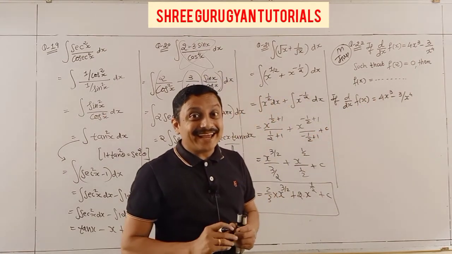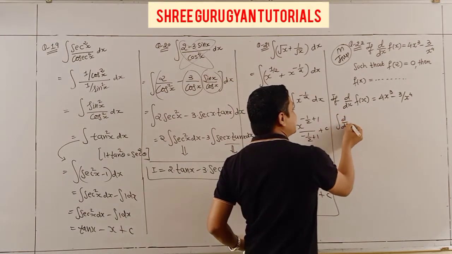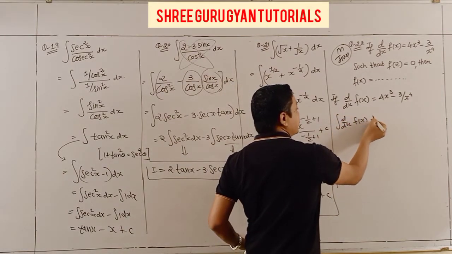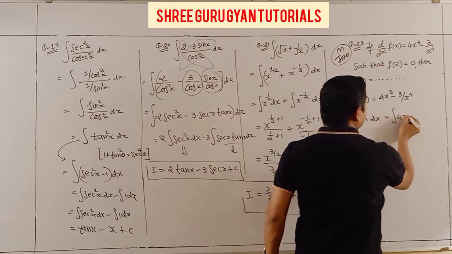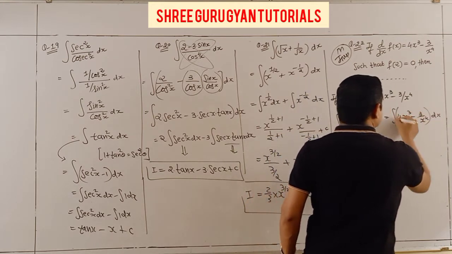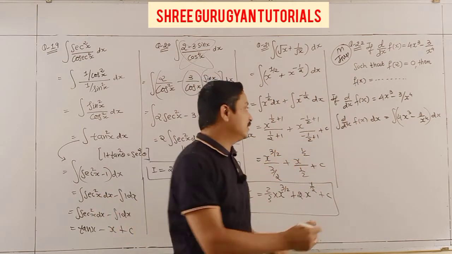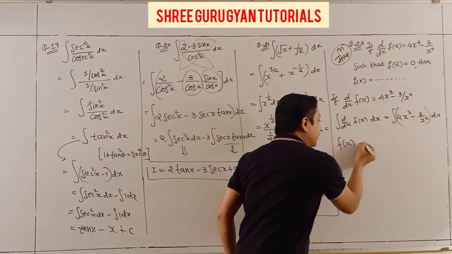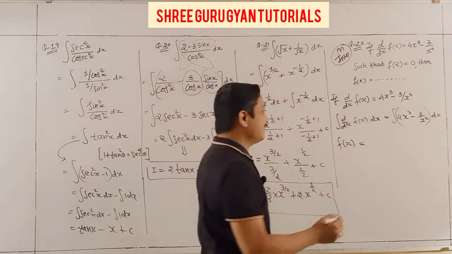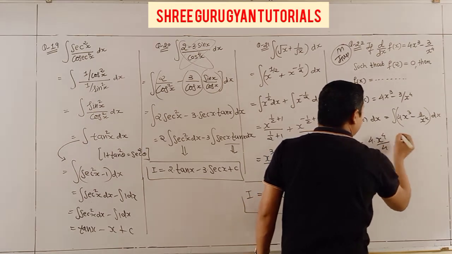So I take the antiderivative. Students, here taking integration of both sides with respect to x. Actually the derivative and the integration cancel side by side, and only f(x) remains. And that side is 4 x raised to 4 by 4, and here 3.